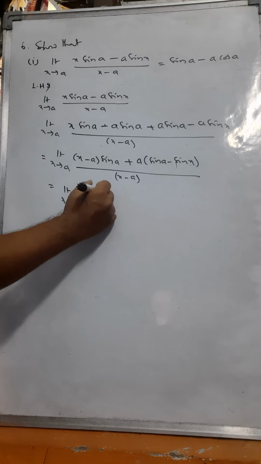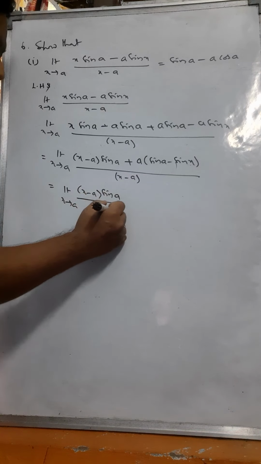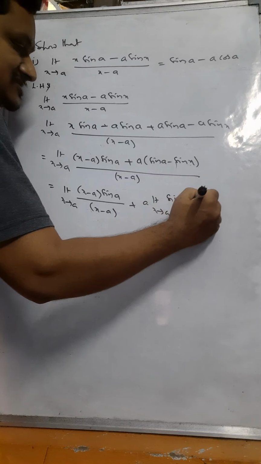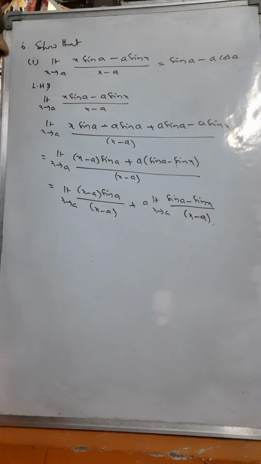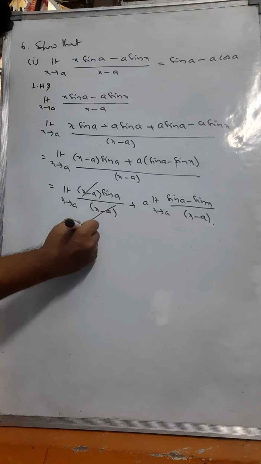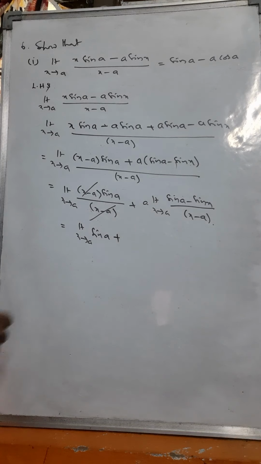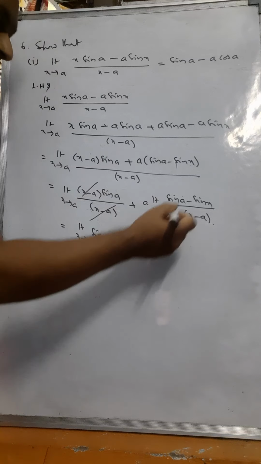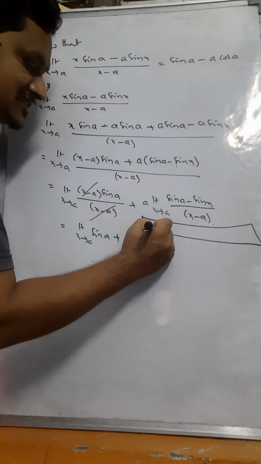So we get (x minus a) into sin a by (x minus a), plus a into limit x tends to a of (sin a minus sin x) by (x minus a). Here (x minus a) gets cancelled, so we get limit x tends to a of sin a, plus a into the limit of sin c minus sin d. What is the formula for sin c minus sin d?